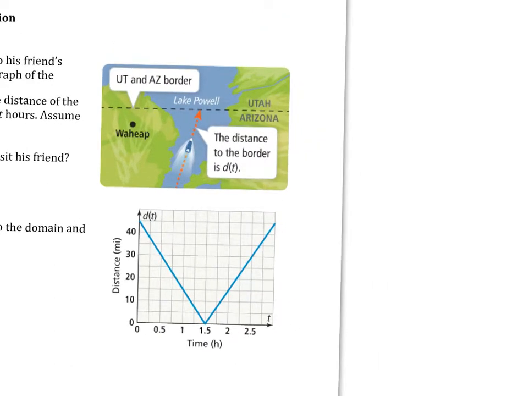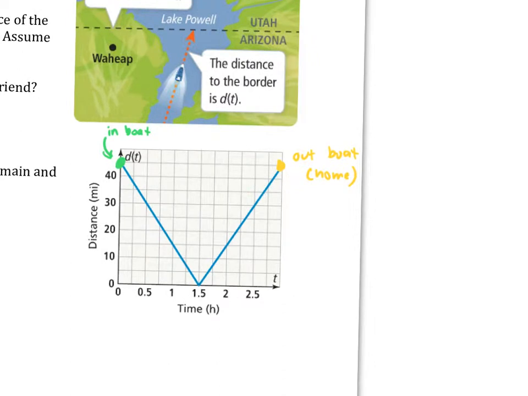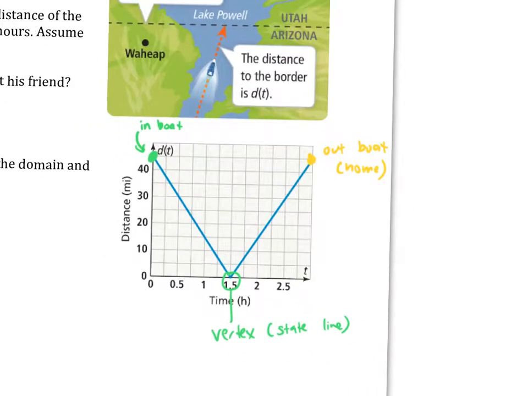So let's interpret what this means. When he's starting out, which is right here, this is when he gets in the boat. And over here is when he gets out of the boat. He arrives at home. This right here, the vertex, is the state line. So, at first, how far away from the state line is Jay?